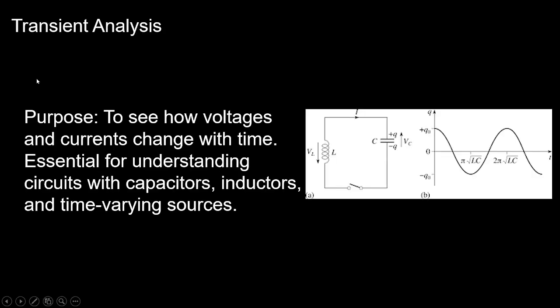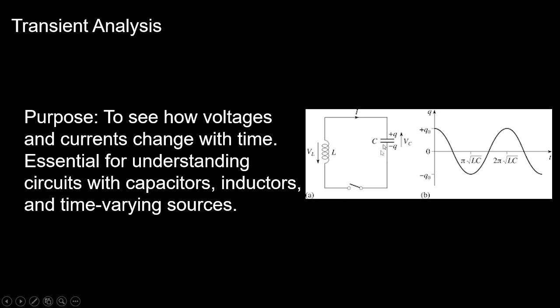Another one is called transient response. The purpose is to see how voltage and currents change with time. It is essential for understanding circuits with capacitors, inductors, and time-varying circuits. Looking at this LC oscillation circuit, we have an inductor, a capacitor, and also a switch. If you switch on the switch, what happens?